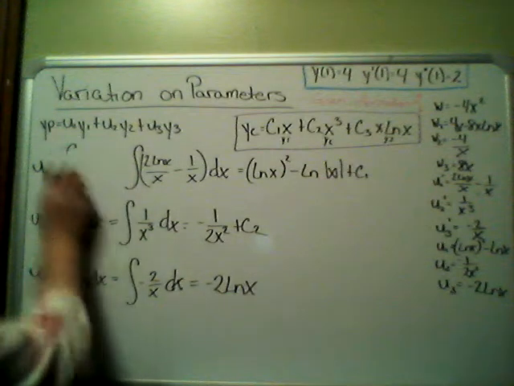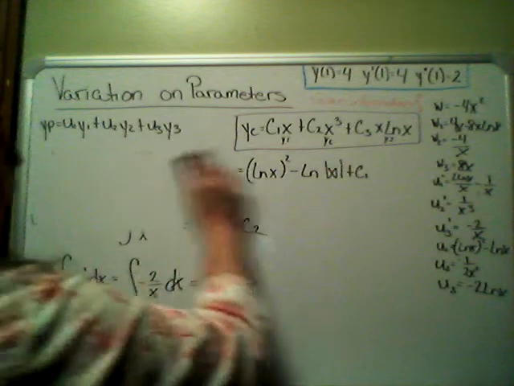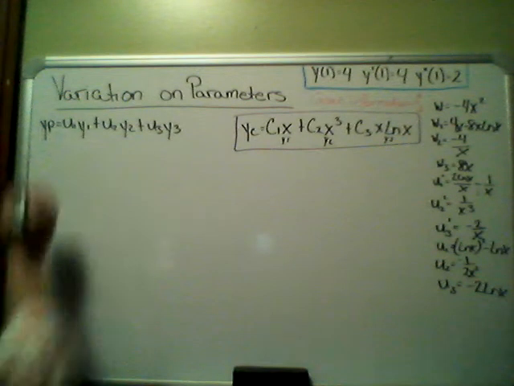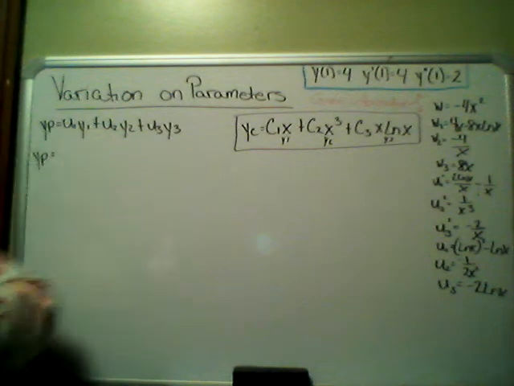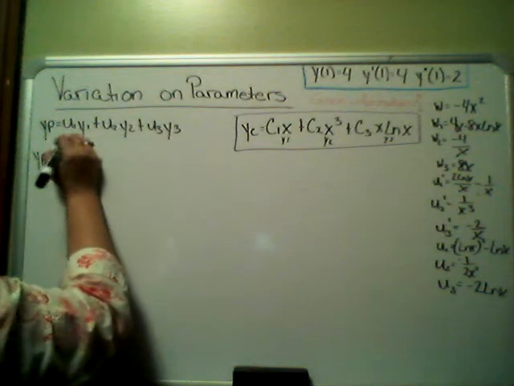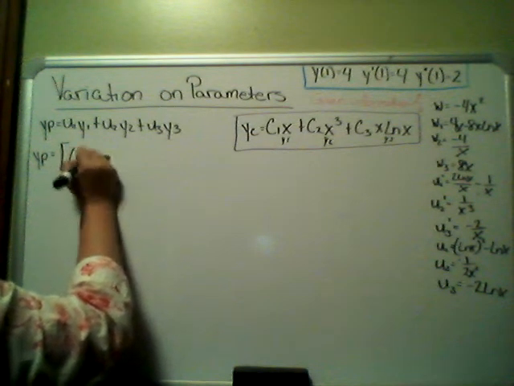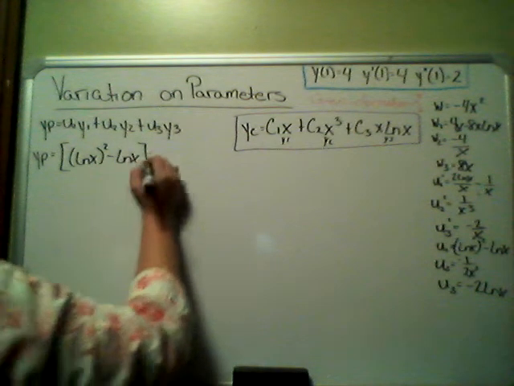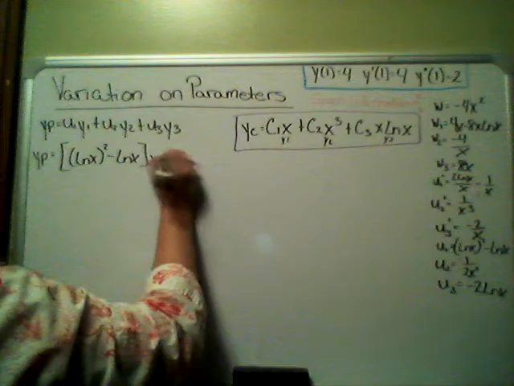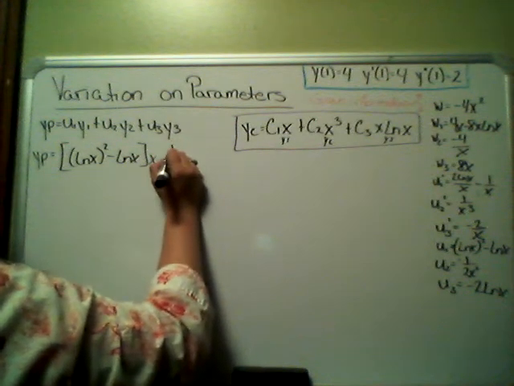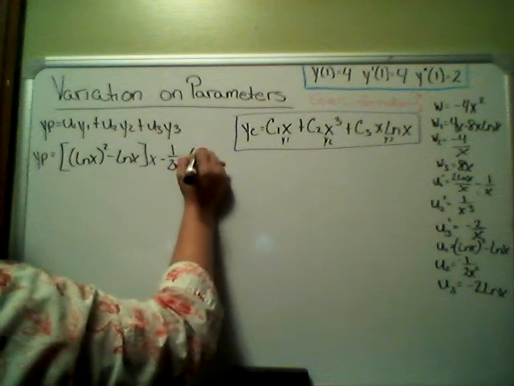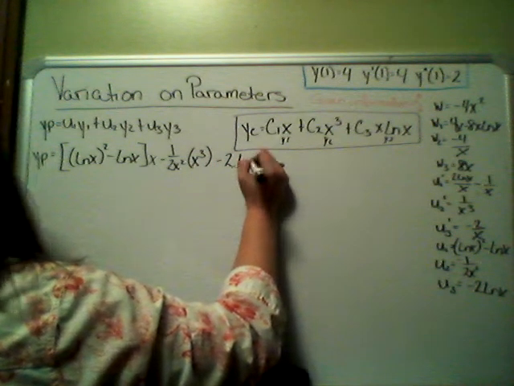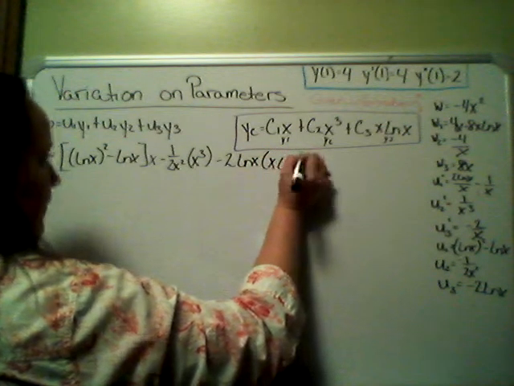And we're going to put these and the values that we have for y1, y2, and y3 together to get our full y sub p. So y sub p is going to equal ln of x squared minus ln of x times x, minus 1 over 2x squared times x cubed, minus 2 ln of x times x ln of x.